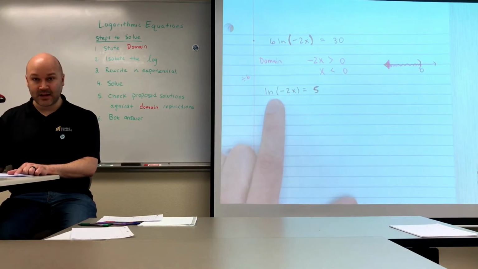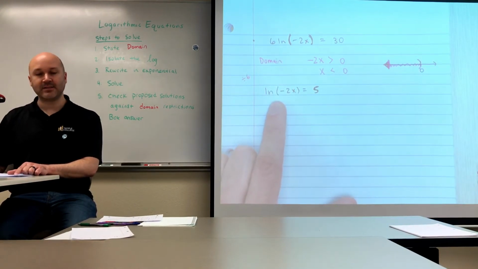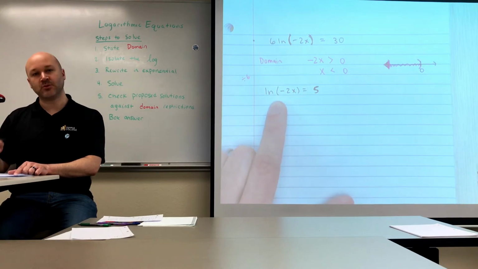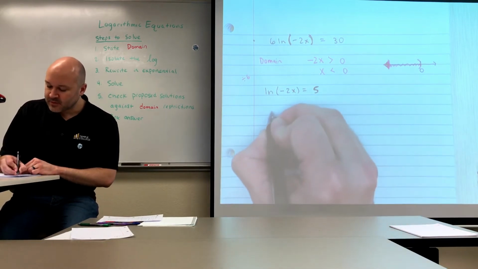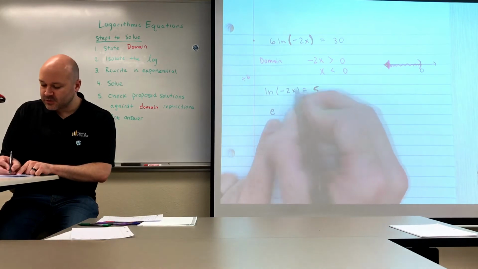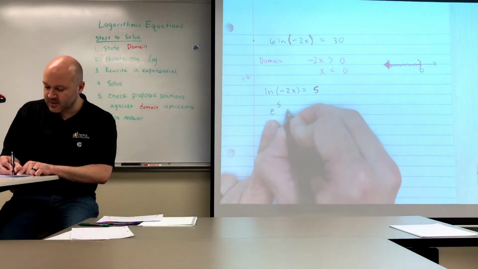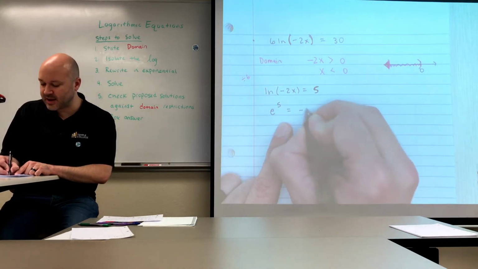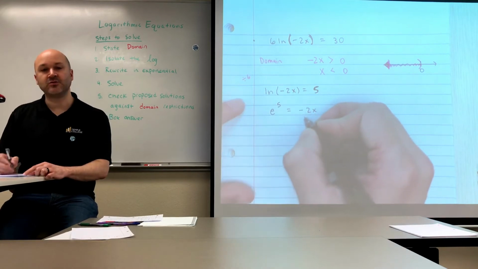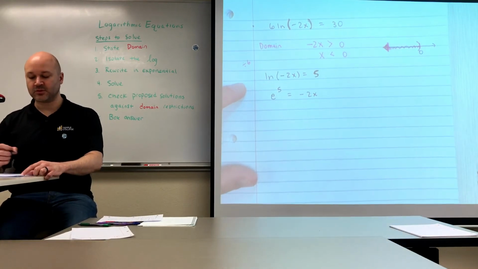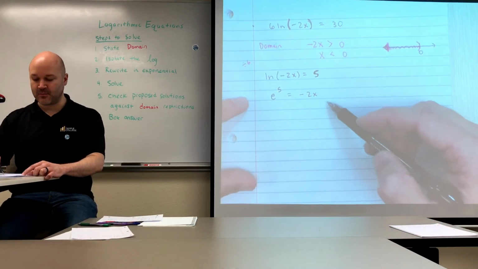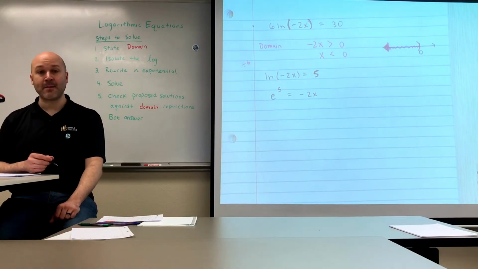I've isolated the logarithm. Now it is safe to rewrite it in exponential form. So I have e to the 5th power is equal to the argument -2x, just using the definition of a logarithm to rewrite a logarithm in exponential form. I'm almost done.